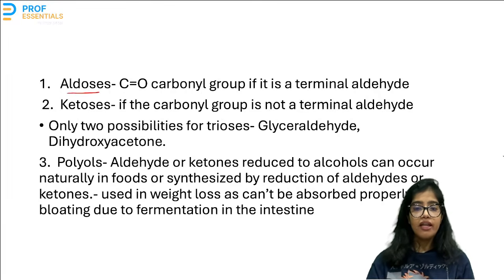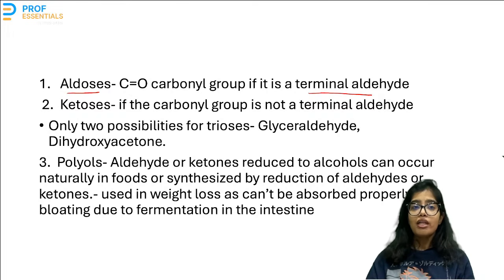We read here that saccharides are aldehyde or ketone derivatives of polyhydric alcohols. So if this saccharide is an aldehyde derivative, it is an aldose. That is, the carbonyl group is present as a terminal aldehyde.